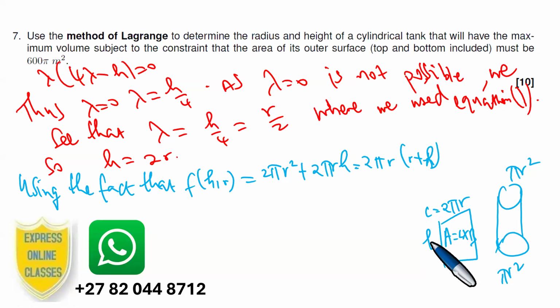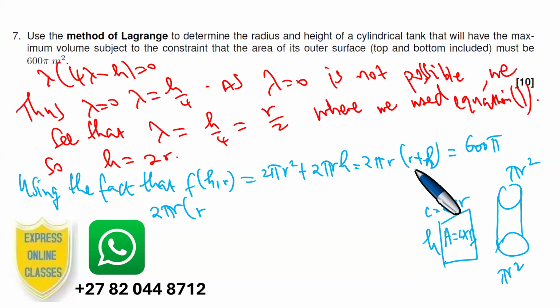So that in the end you have the following. Now you have 2 pi r, but you know that wherever there's h, you can put 2r.